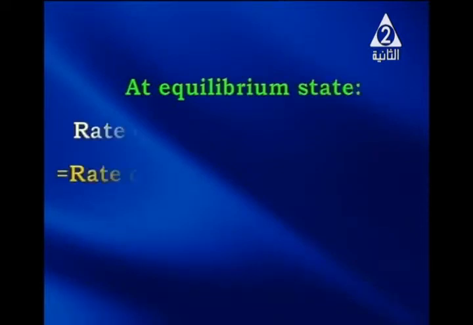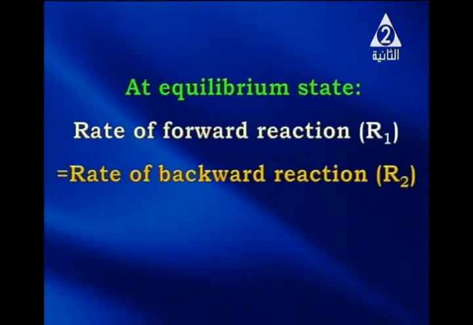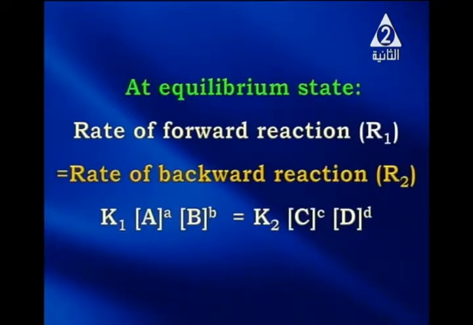So, at equilibrium state, the rate of forward reaction R1 equals the rate of backward reaction R2. So, K1 times the concentrations of substances A and B, each raised to the power of the number of moles, equals K2 times the concentrations of the products, each raised to the power of the number of their moles.